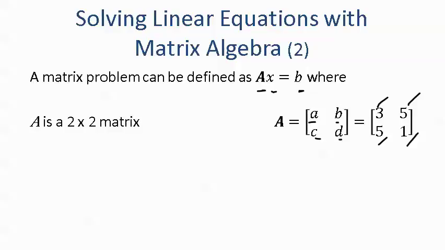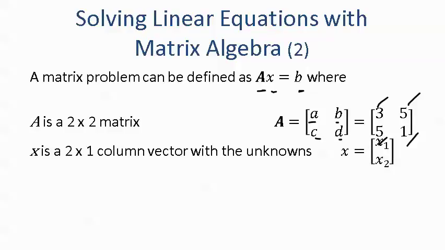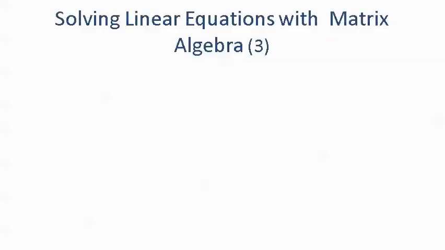So that's how we load data into our 2 by 2 matrix. X is our 2 by 1 column vector, and it contains the unknowns. B is a 2 by 1 matrix, but in this case we put our coefficients in it, the 1.70 and the 1.00, that represent what we know to be our output costs. In order to solve our linear equations, we'll start with our basic format.